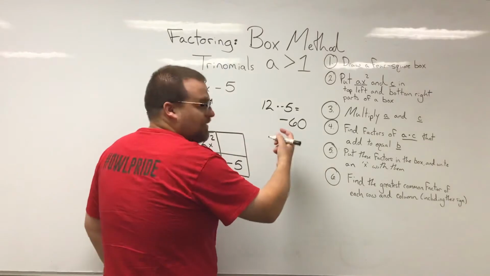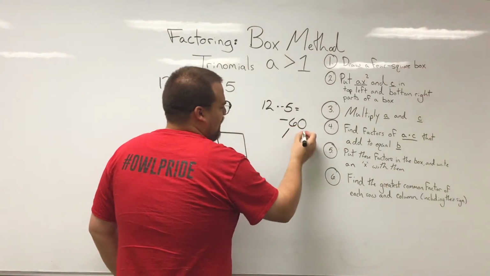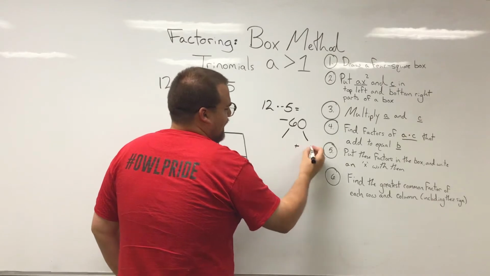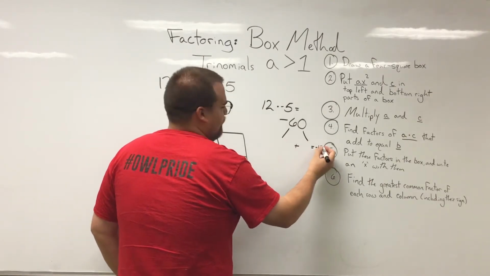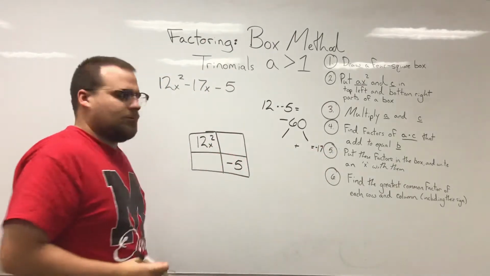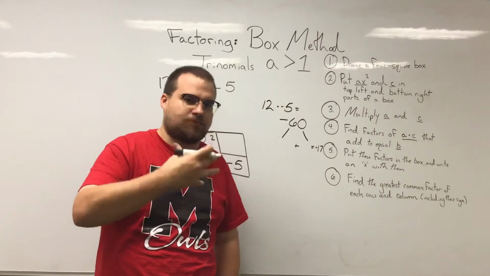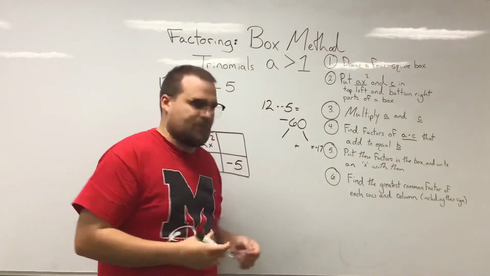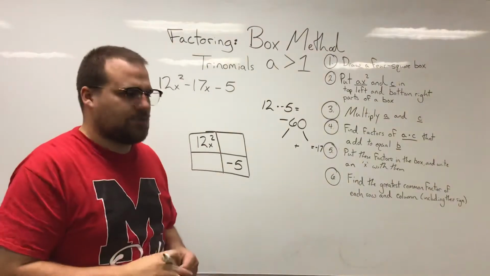And this is a times c. So I need to find factors of this that add to equal -17. Whew. Now we know factors mean numbers that multiply to become -60. And then those two numbers need to add to make -17.